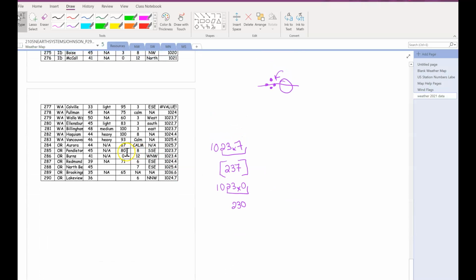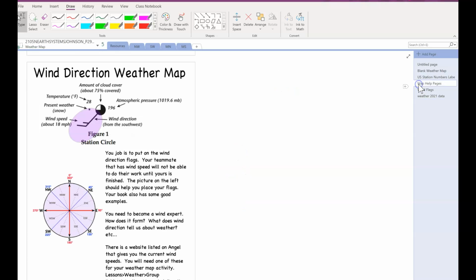So 285, Pendleton, we have 8 south-southeast. We go back to our help page and find out where south-southeast is. Southeast is here, so south-southeast would be halfway between those two.